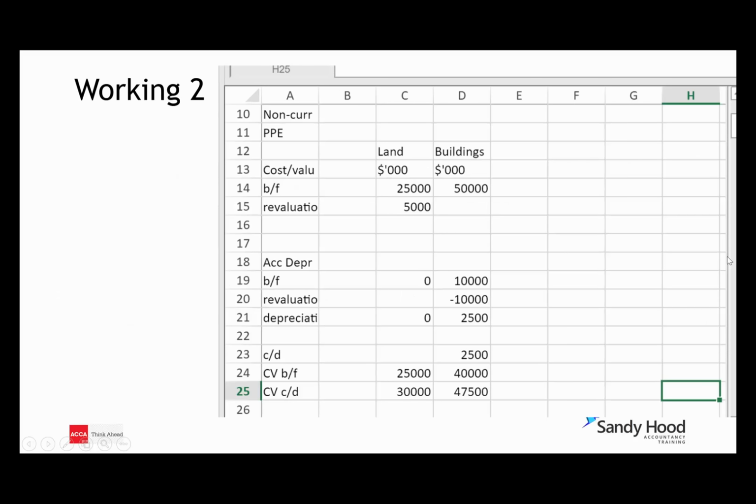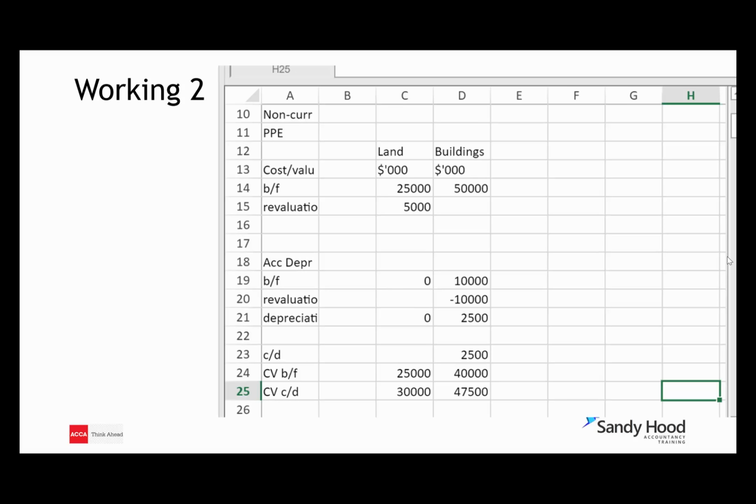So quickly we jot down a little fixed asset note or a property, plant and equipment note. Here I've got the cost and valuation section at the top, and I've noted from the original trial balance that the value of the land was 25,000, and because the total value was 75,000, I was able to figure out that the buildings aspect must be the remaining 50,000.